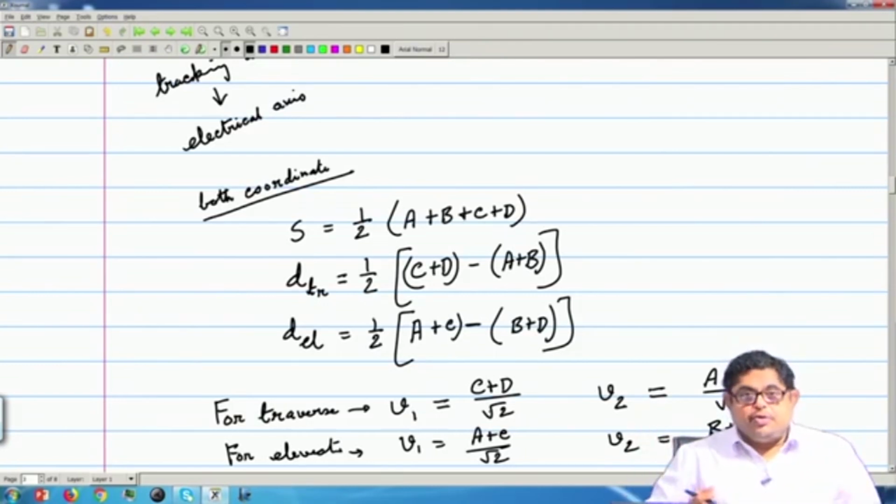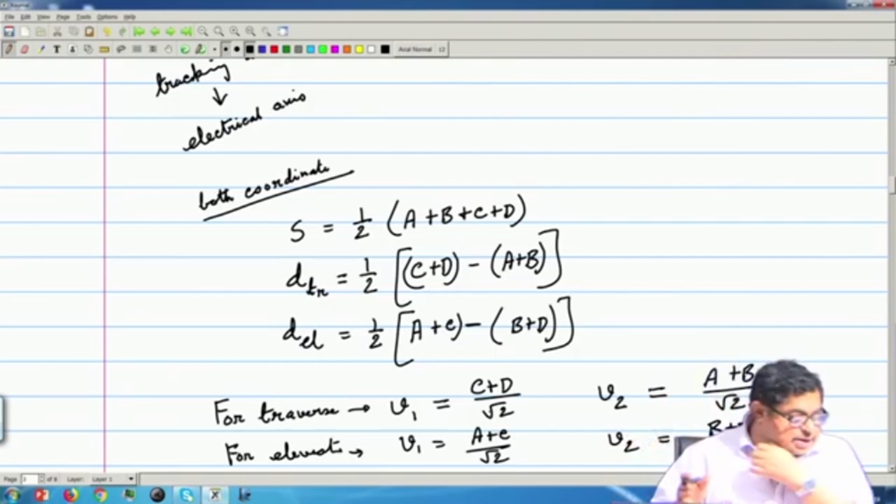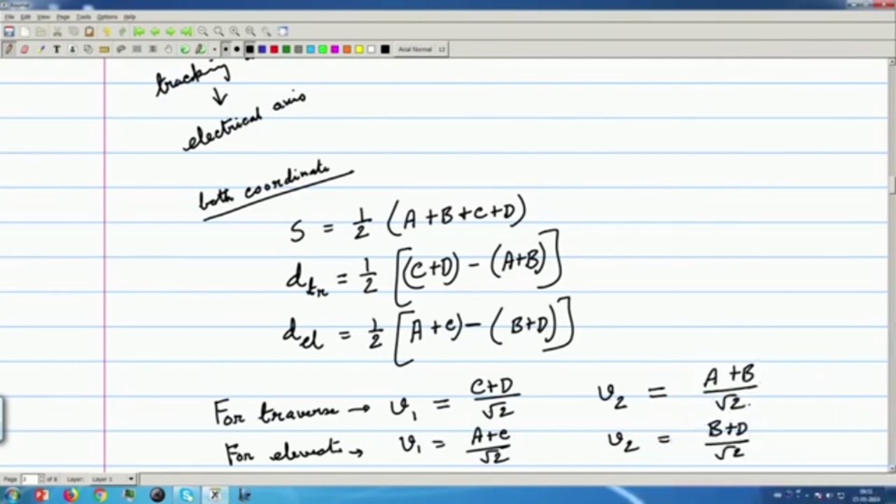So, 4 squint beams will be coming, then we will have a microwave RF circuit which will form this sum, DTR and elevation difference, and the processor will process them. So, we will next see that functional diagram in the next class, how it functions and what hardware is used in the actual combiner circuit. Thank you.